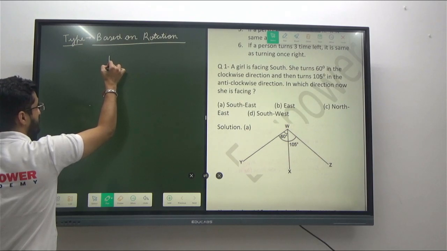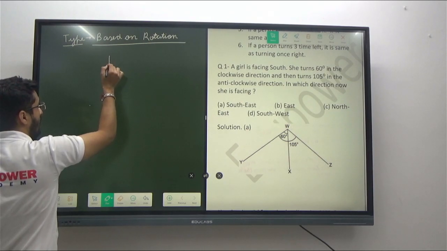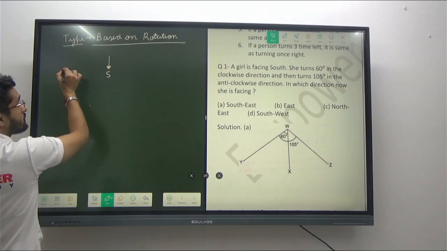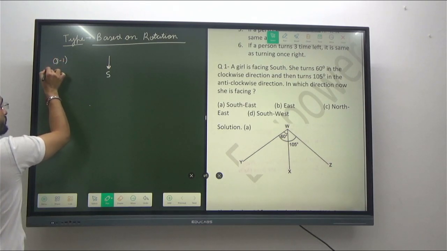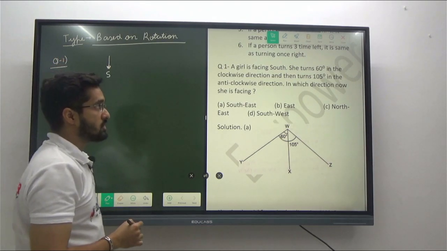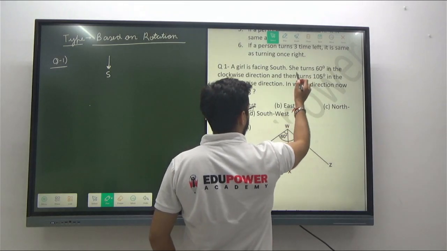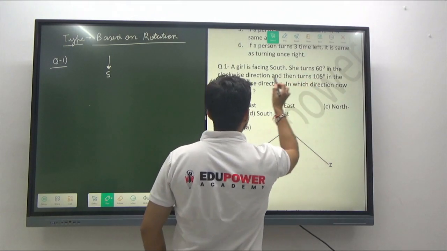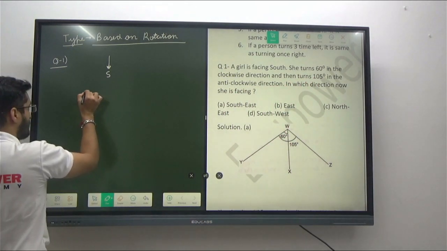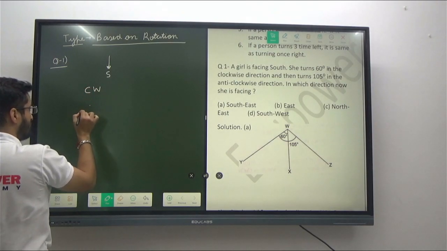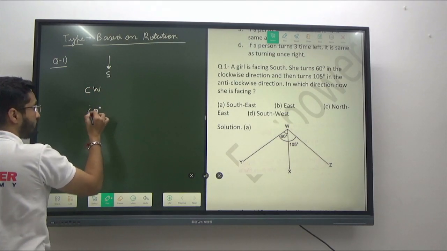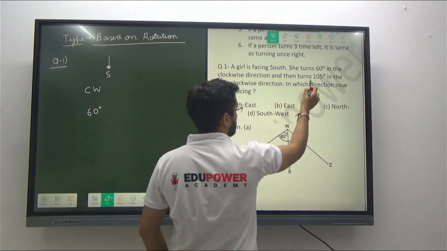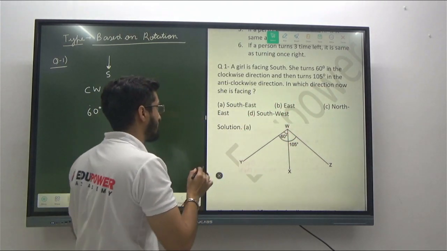So, she is facing south. What is the way of approaching such questions? We just write these angles. What is it saying? She turns 60 degree in the clockwise direction. Just write CW, and write 60 degree below it. Then she turns 105 degree in the anti-clockwise direction.